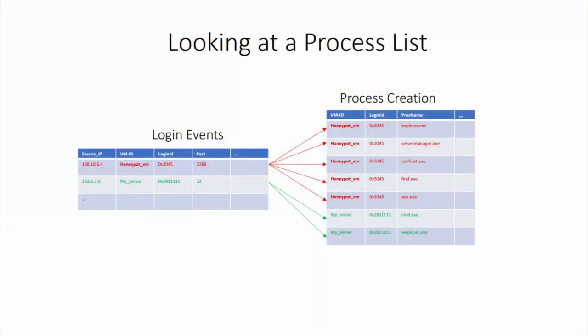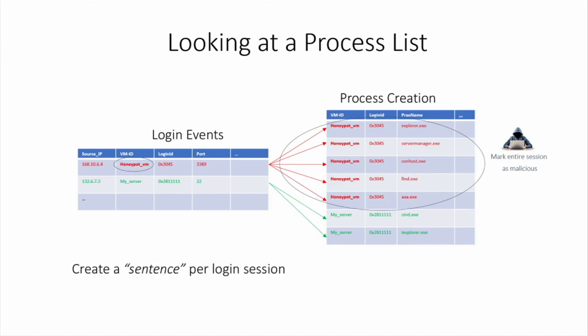Now let's look at the data itself and how we are going to apply the model on the data. For each malicious login that we have, we look at the full process list in the process creation events that correspond to the same session ID, and we flag it as a malicious process list.